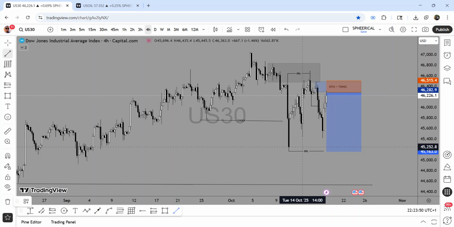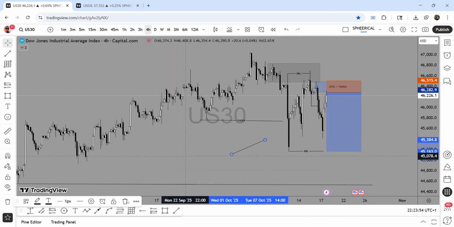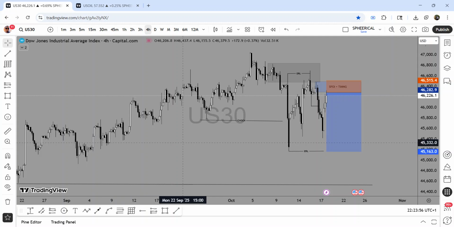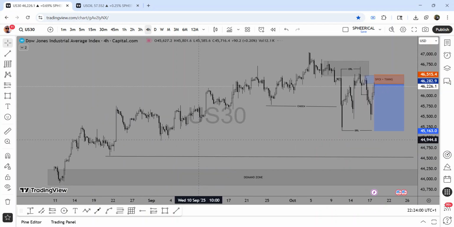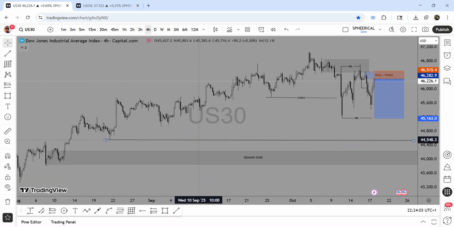So the market will sweep it, because any liquidity point is a draw on liquidity. A draw on liquidity is a point that attracts the market towards that point.